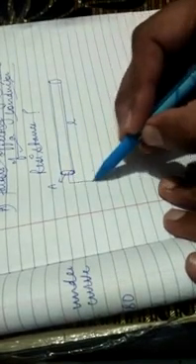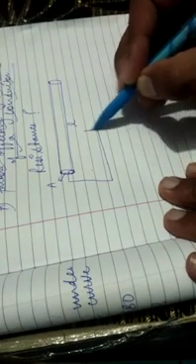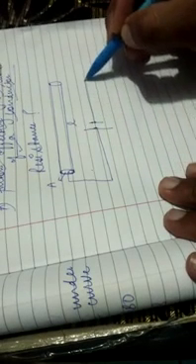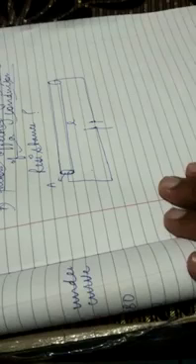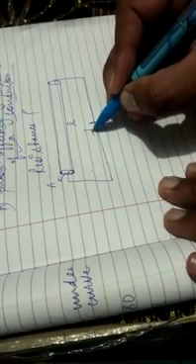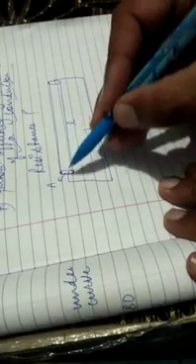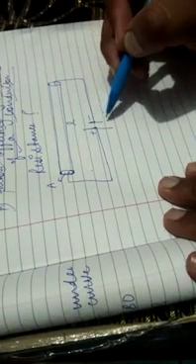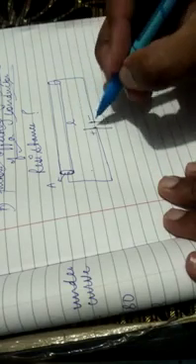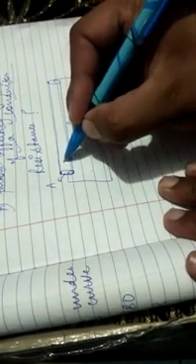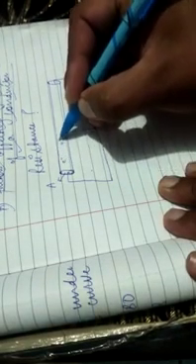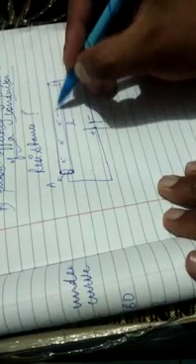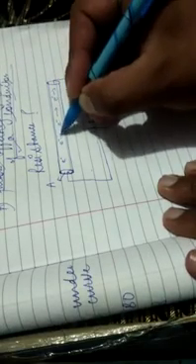Now look, this is attached to a cell or battery. We know this battery or cell will provide the potential difference between its ends. Because of this potential difference, the electrons start running in one direction. This is what we have studied.